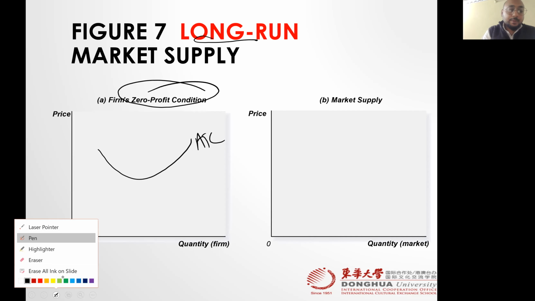Number two, firms may have different cost structures or different costs. So the marginal firm is the firm that would exit the market if the price were any lower.